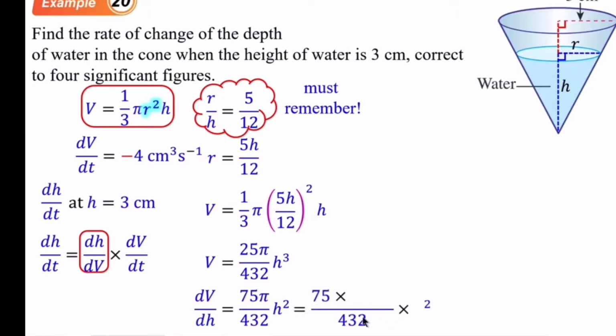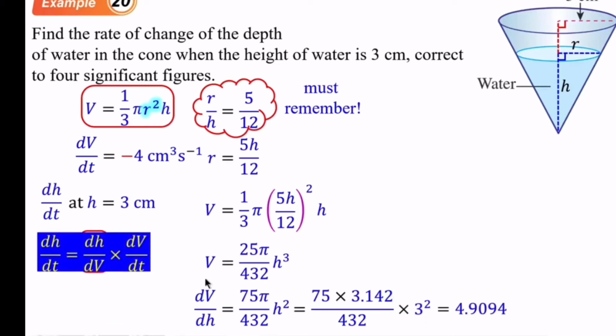So the volume in terms of h, you need to differentiate with respect to h, which is dV/dh. After we differentiate, we substitute h equal to 3 into dV/dh, and actually we can express dV/dh as a number, right?